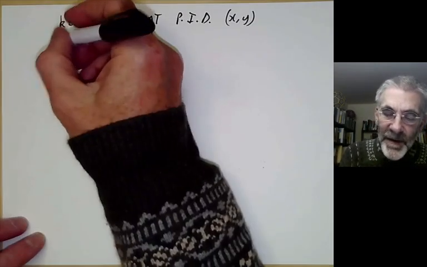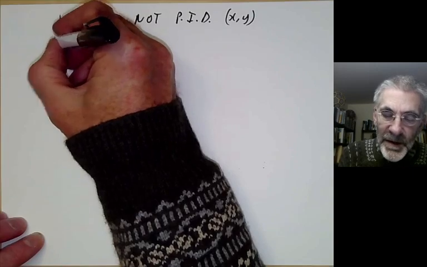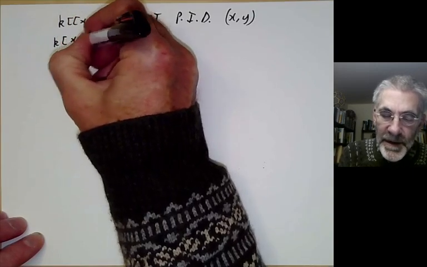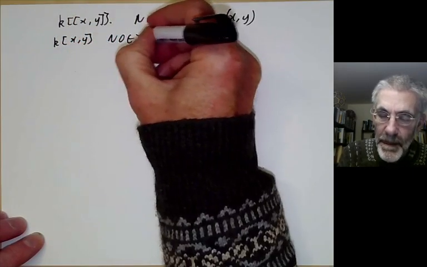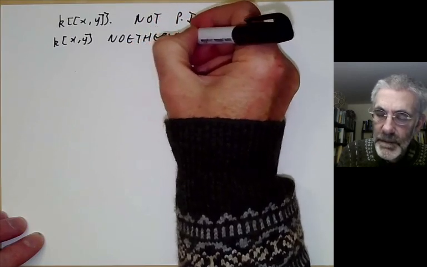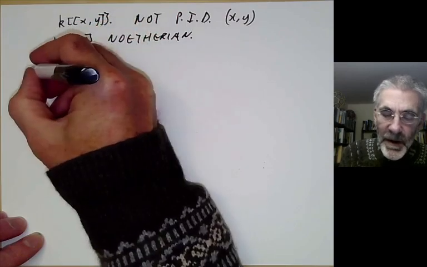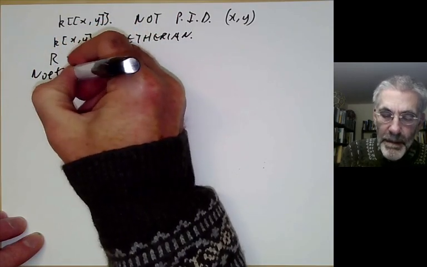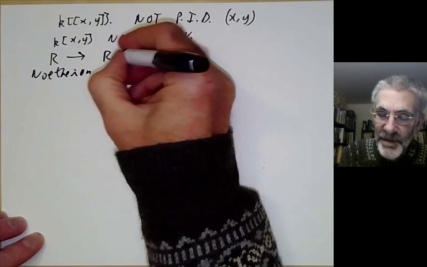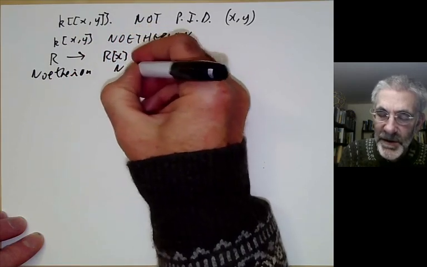Well, you may remember that the ring of polynomials in two variables is Noetherian. And we proved that by showing that if R is any ring, then R Noetherian implies the ring of polynomials R[x] is also Noetherian.